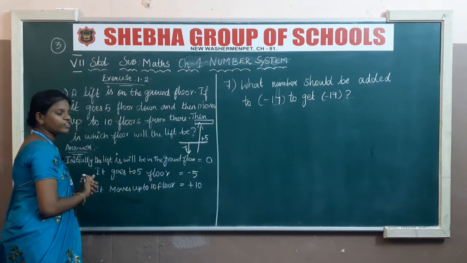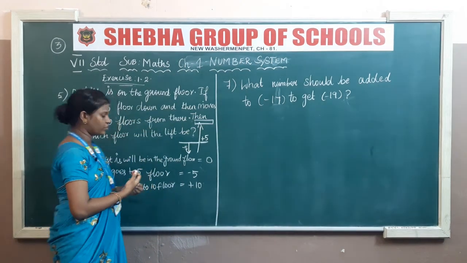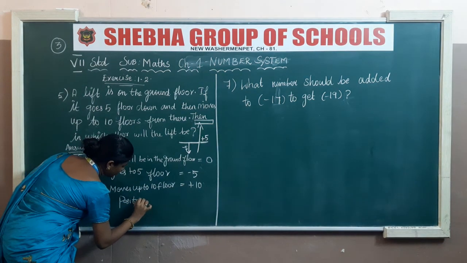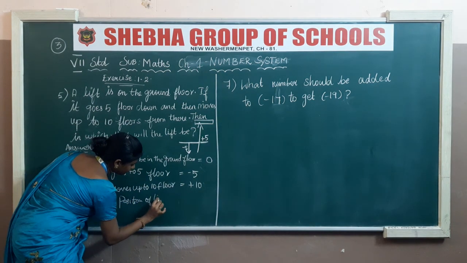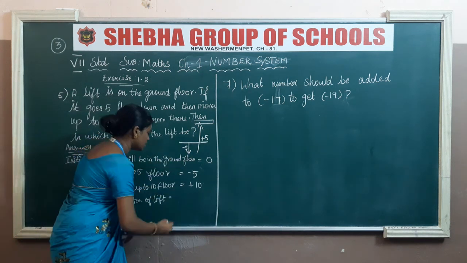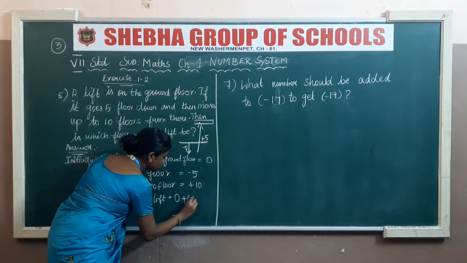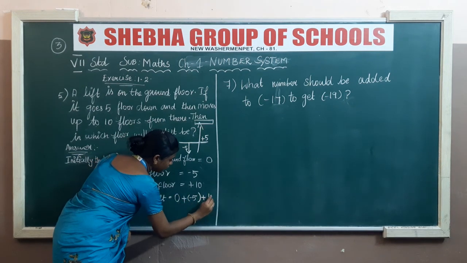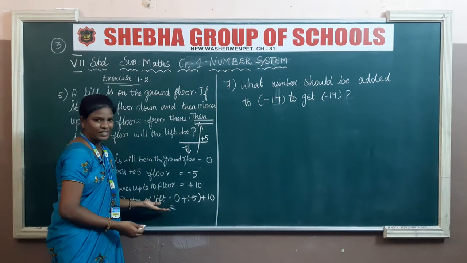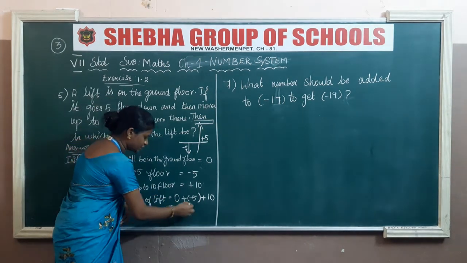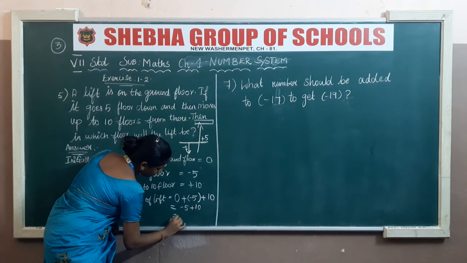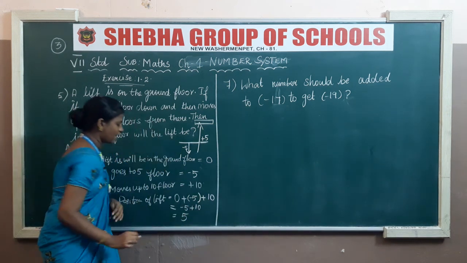Then we have to find the position of the lift. So we have to add the three numbers: 0 plus minus 5 plus 10. 0 is not a value, so we don't write it. Then minus 5 plus 10 is equal to plus 5.